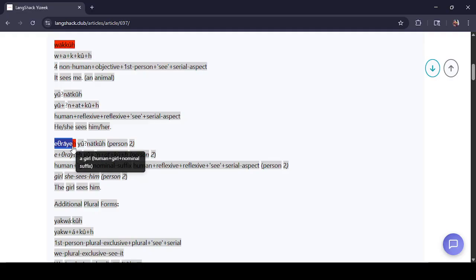And then I believe you can also use this gloss stop symbol at the end. She sees him. But this is not he sees him, because that's raku. Alright. So we got that there.